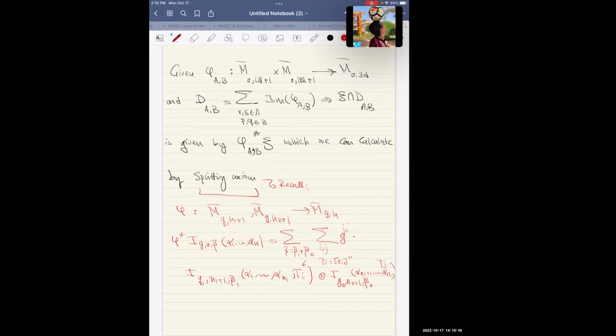And Tj is the Poincare dual of the Zj. So this is what we have.